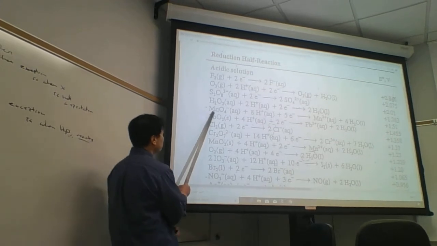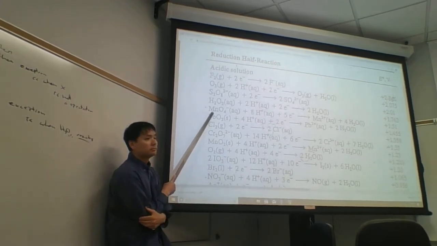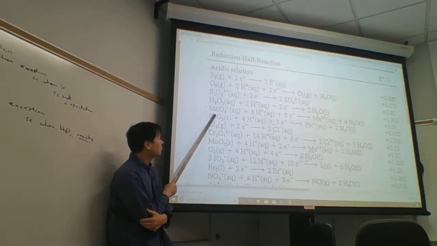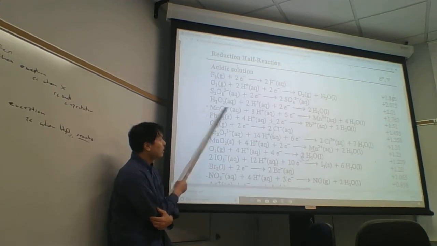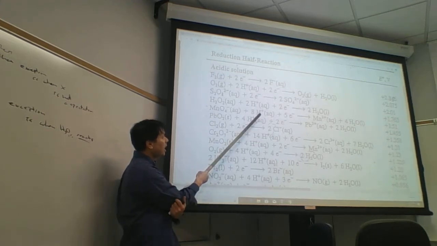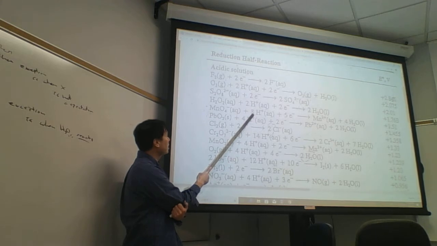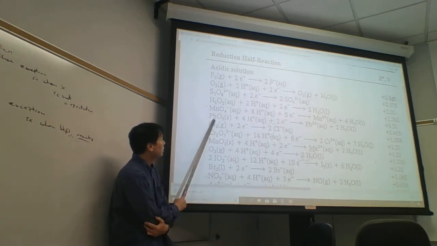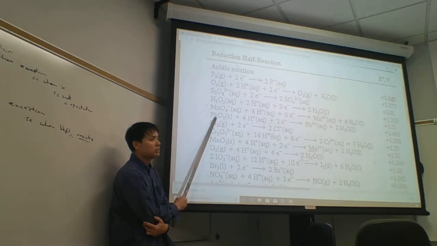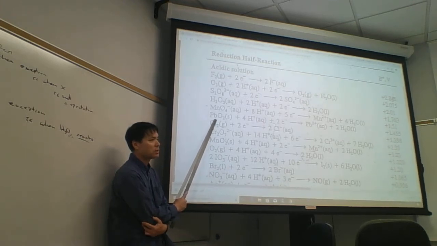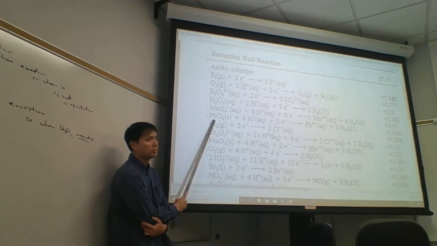You should know this one. What's this called? Permanganate. Permanganate in acid, or H plus acid. What's this one called? Lead oxide, but there are two. Is this lead 2 oxide or lead 4 oxide?